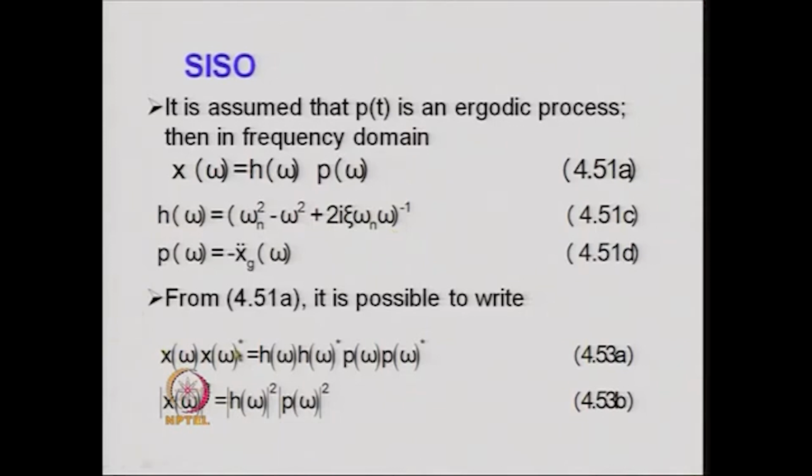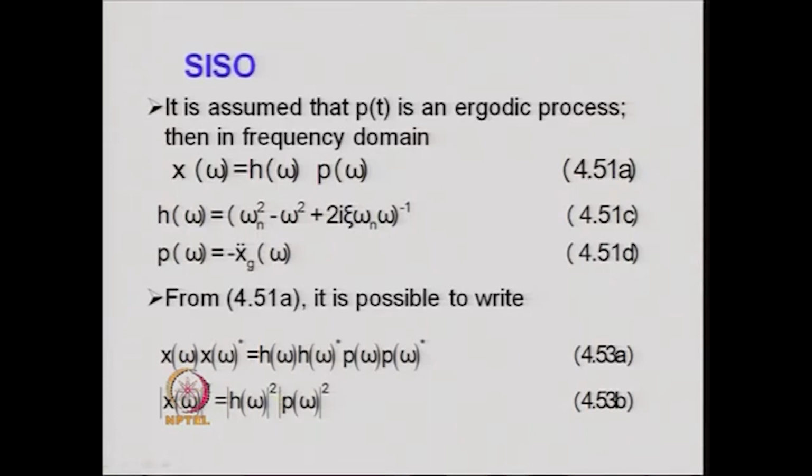the frequency response function of a single degree of freedom system where m becomes equal to unity. Now, using equation 4.51a, one can find the absolute value square of x(omega), that is, we write x(omega) multiplied by x(omega) star, the complex conjugate of that. The multiplication of these two quantities becomes the absolute value square of x(omega), which will be equal to h(omega) absolute square and p(omega) absolute square.